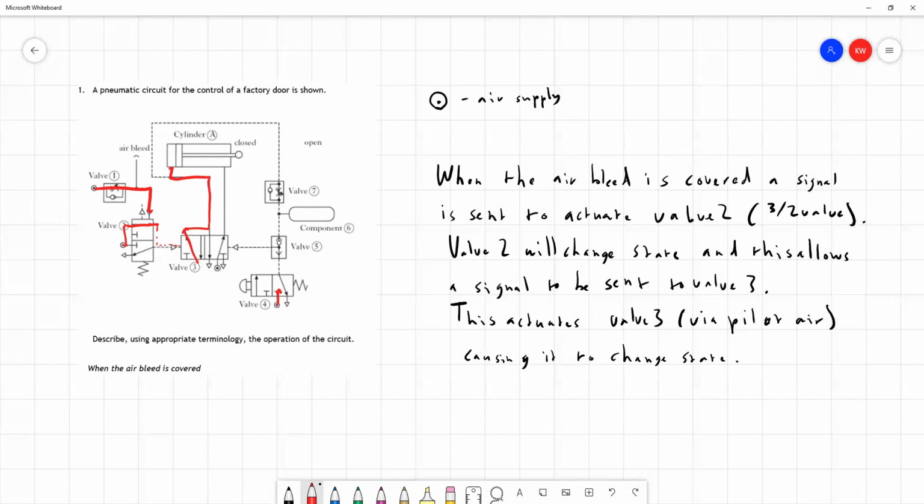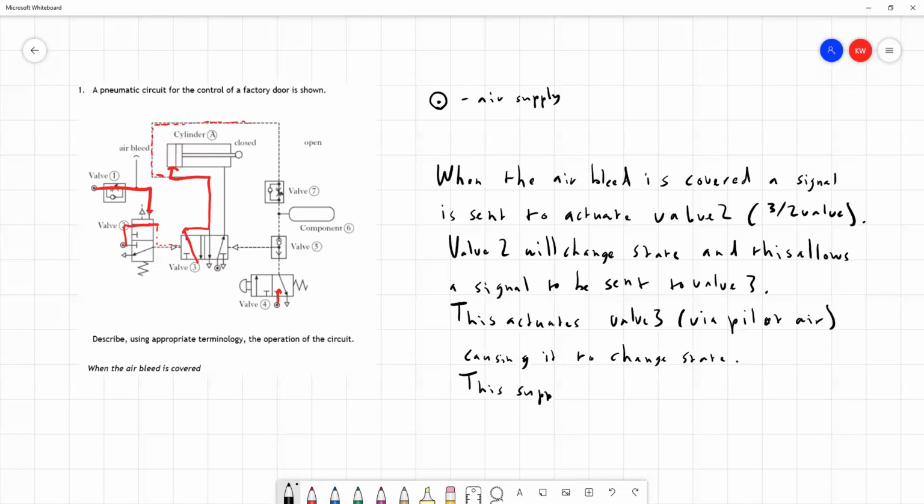It's going in the cylinder on the left hand side. We're also going to get air going off round this dotted line around the side. We'll come to that in a second, but let's deal with the air. What we can see here, we can keep it simple.